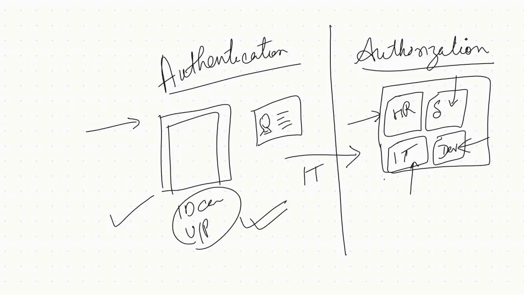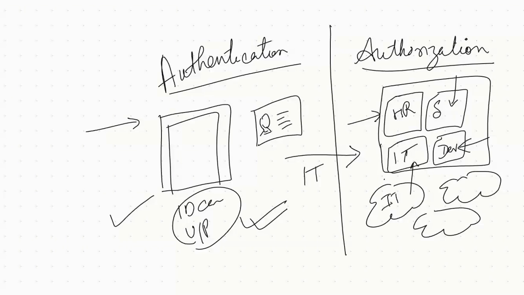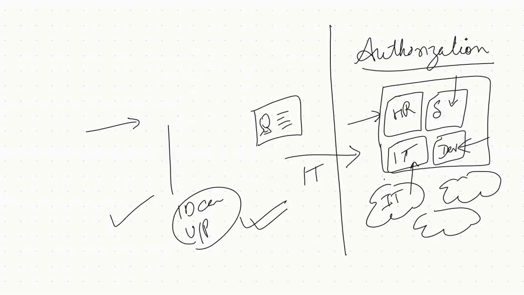There'll be multiple resources in the cloud and on prem. You get access to only those resources which you should have access to based on your roles and responsibilities. This is called authorization on a very high level. Is it clear so far? Okay, thank you.